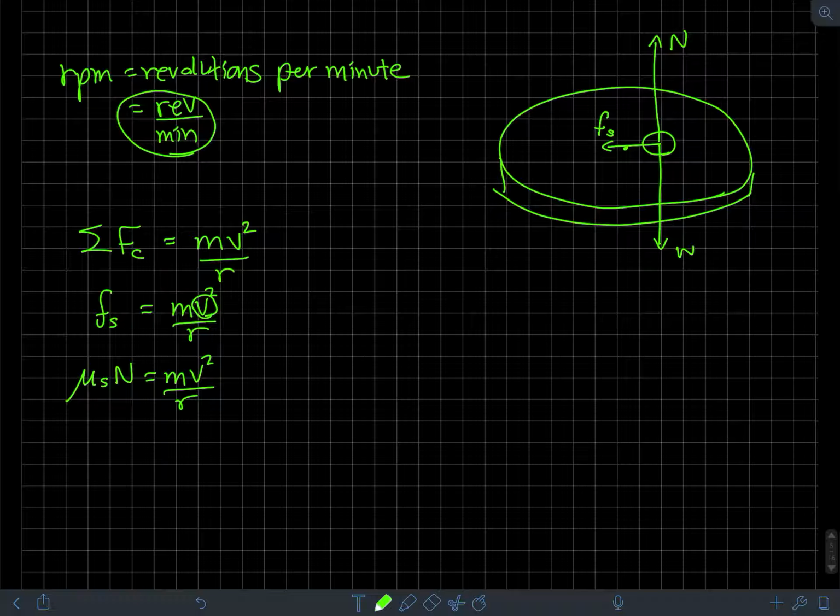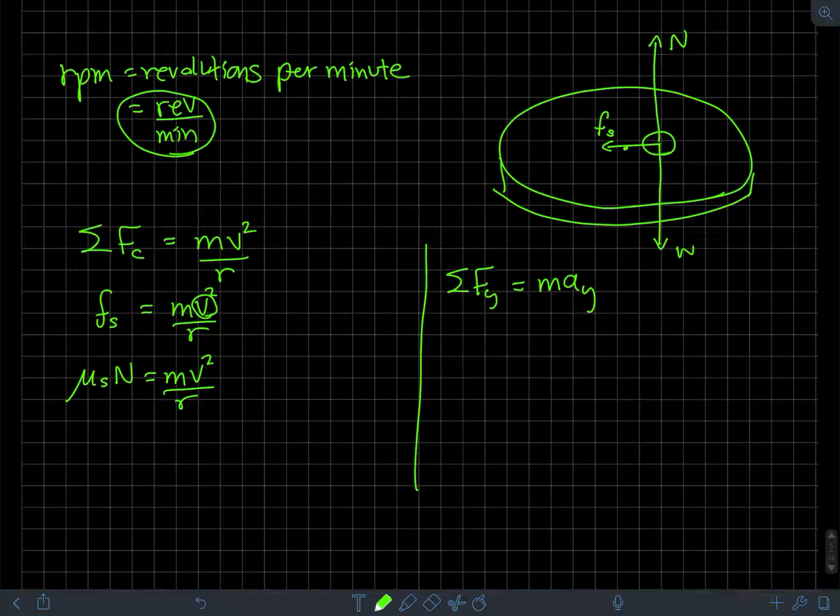Okay, and then let's go to our other axis. Let's go to the y-axis. We're going to apply Newton's second law here, but this is not a circular axis. There's no circular motion in the vertical direction. So this is going to be just regular ma sub y.